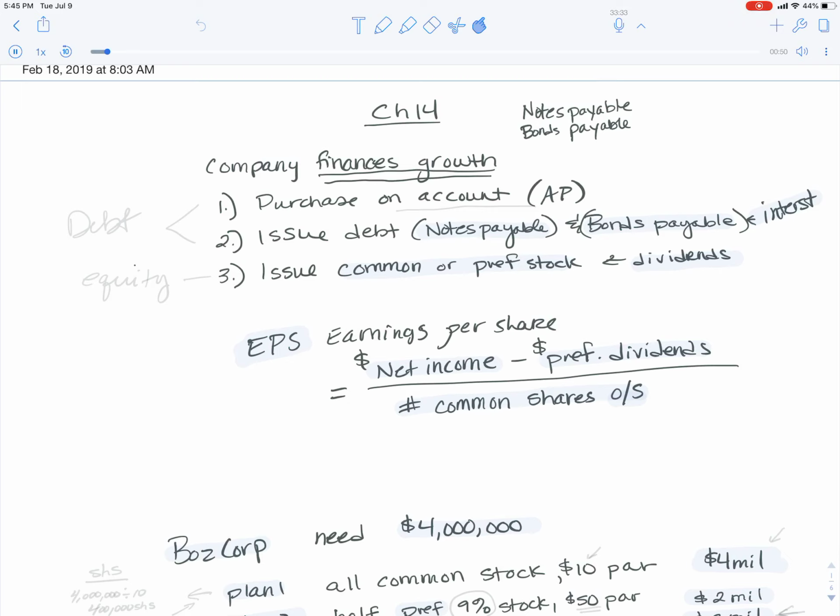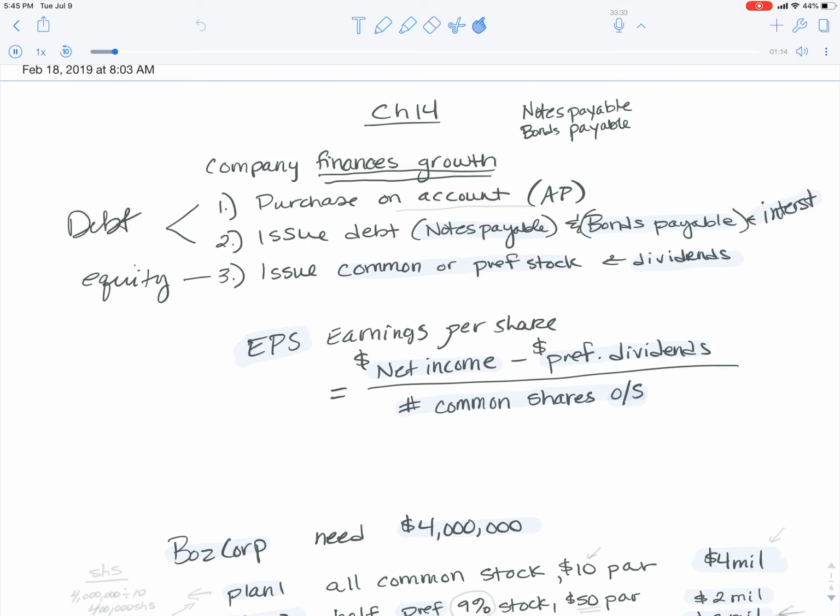So they want the company to grow and earn more and more money. One way to do that, which we saw in Chapter 13, was to issue stock, either common or preferred stock. And so that's equity. We can finance growth with equity. You can also finance growth with debt.